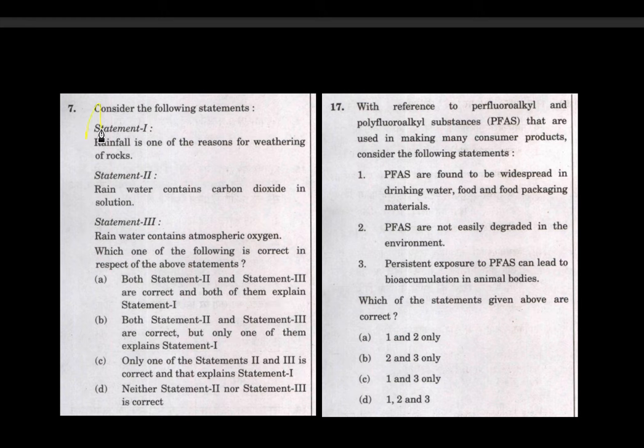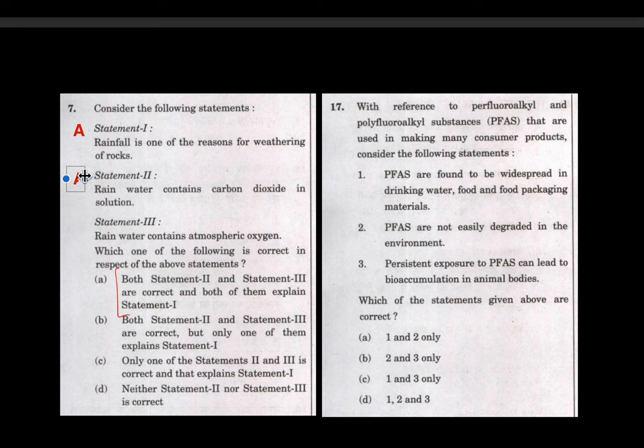That means statement 1 becomes the assertion, and 2 and 3 become the reasoning. This is what the first option is talking about. The second option is both statement 2 and 3 are correct, but only one of them explains statement 1. That means the first statement is again the assertion, the rest 2 are the reasons, and only one of the reasons is relevant.